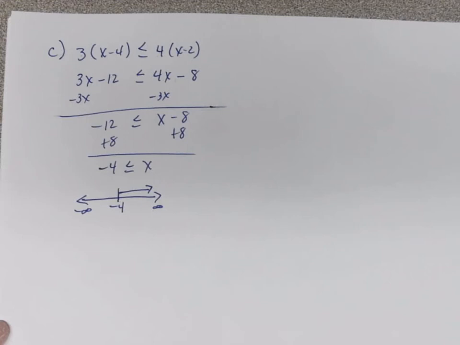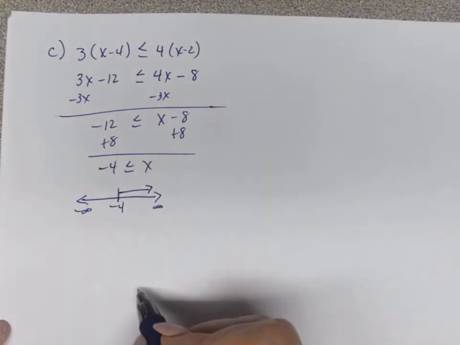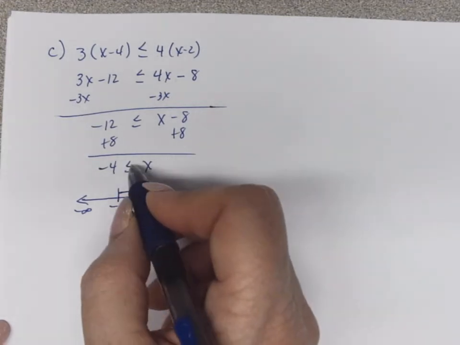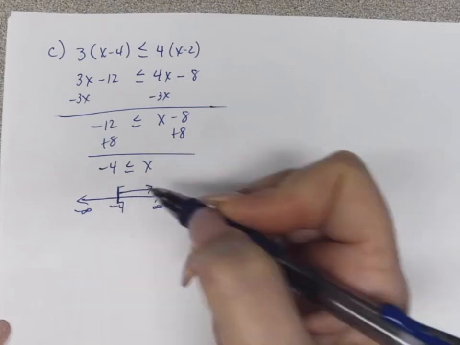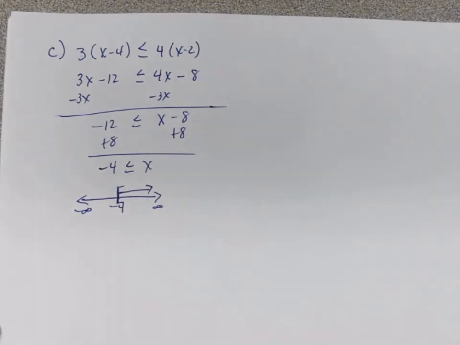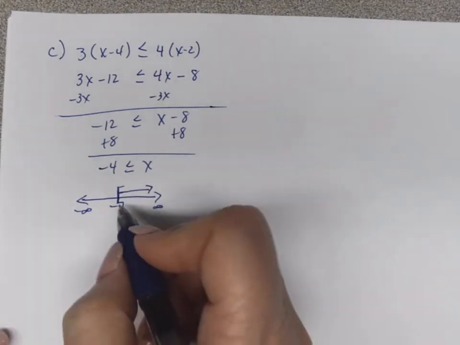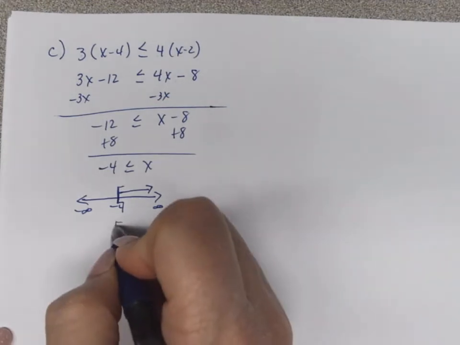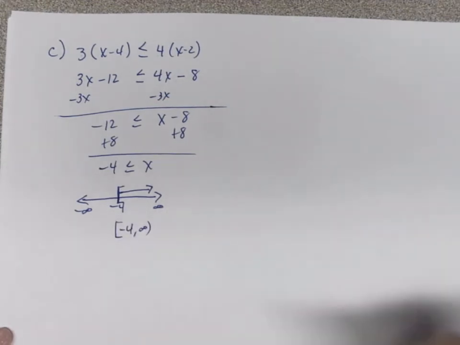Even though it's facing the other way, it's still on the greater than side. And it's got an equal to, so it's still going that way. All right, so this will get us negative 4 to infinity. Now let's look at one more.